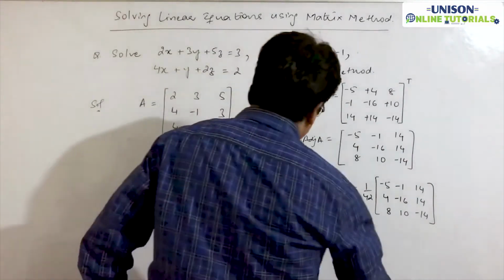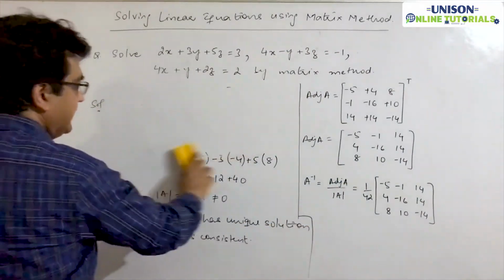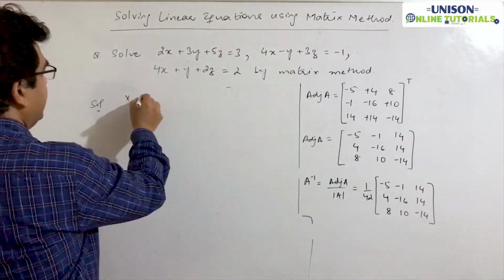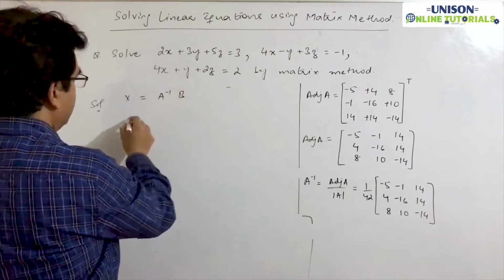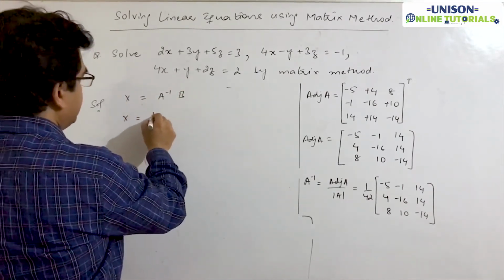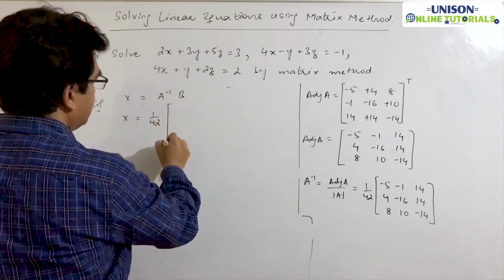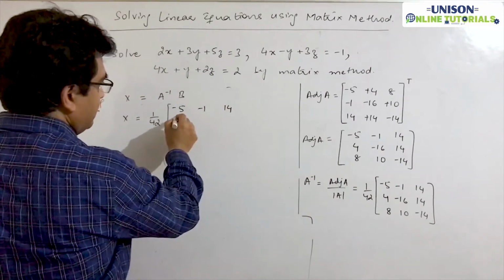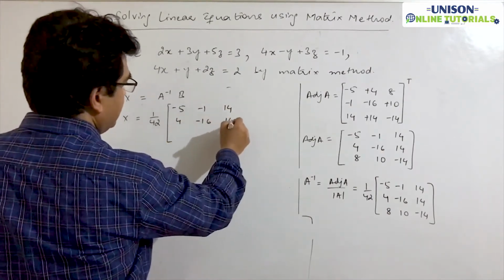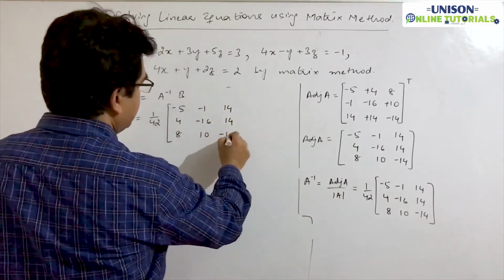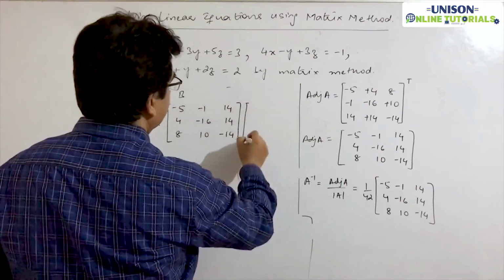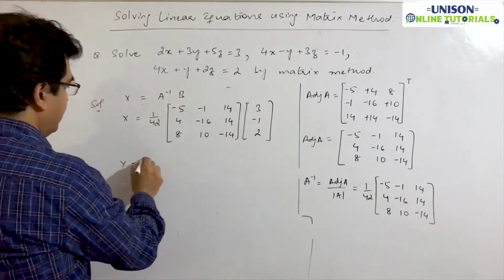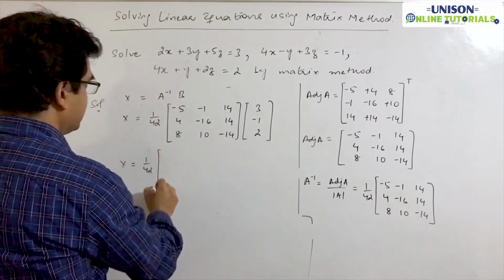Now we have to find the values of x. X is equal to A inverse B. So we write x is equal to A inverse B, so x is 1 by 42 times minus 5, minus 1, 14, 4, minus 16, 14, 8, 10, minus 14. And the values of B are 3, minus 1 and 2. Now you multiply the matrices.